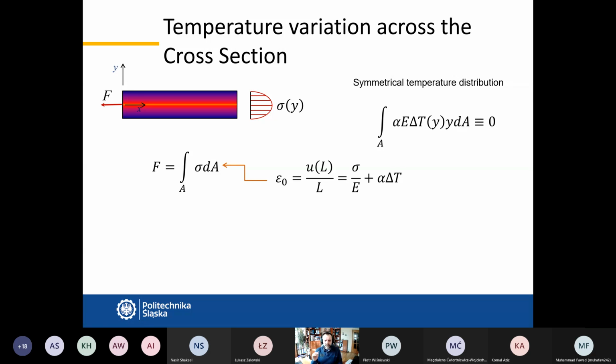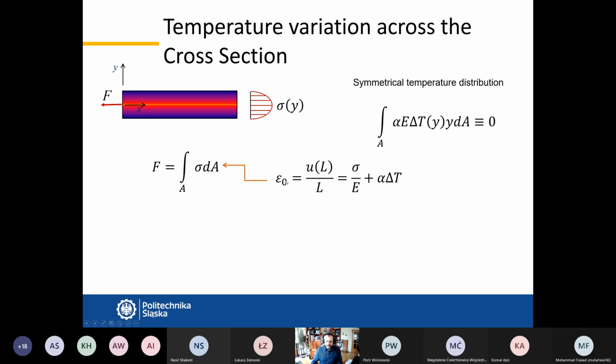If you recall the formula for epsilon, the elongation of a system, it's, of course, the elongation due to mechanical loading. Now, this is the strain, yes. The strain due to a mechanical loading, so Hooke's law, plus the thermal elongation.